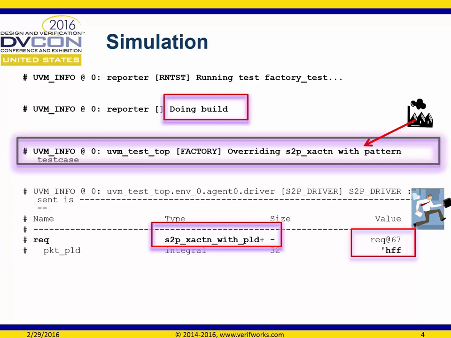And in the driver, for this example, when you use the factory, you will notice that although the S2P driver was supposed to be using S2P transaction, it now uses S2P transaction with pattern. It's actually truncated here, and that is shown when you do a print.